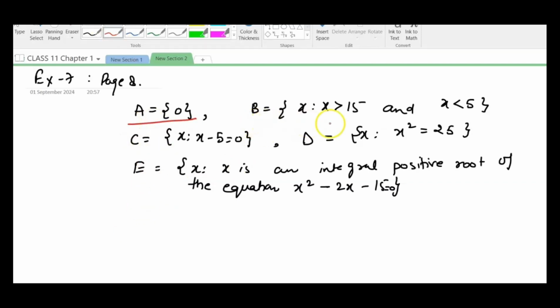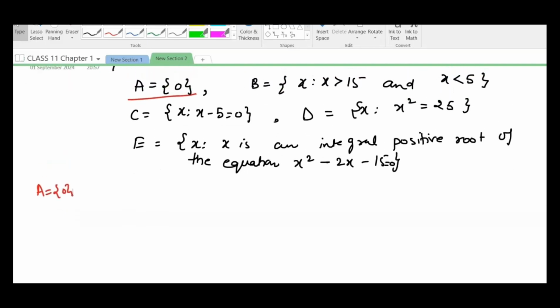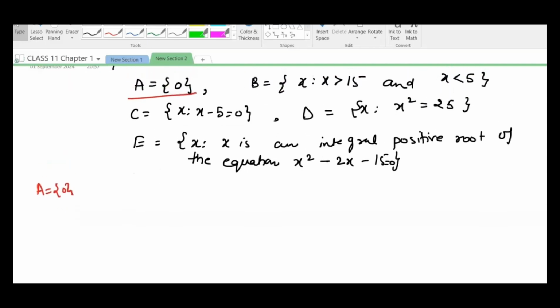Now, B is the set that contains all numbers which are greater than 15 and less than 5. So, of course, it is not possible. If a number is less than 5, obviously it cannot be greater than 15. And if it is greater than 15, it cannot be less than 5. So, this means that the set B is the empty set.